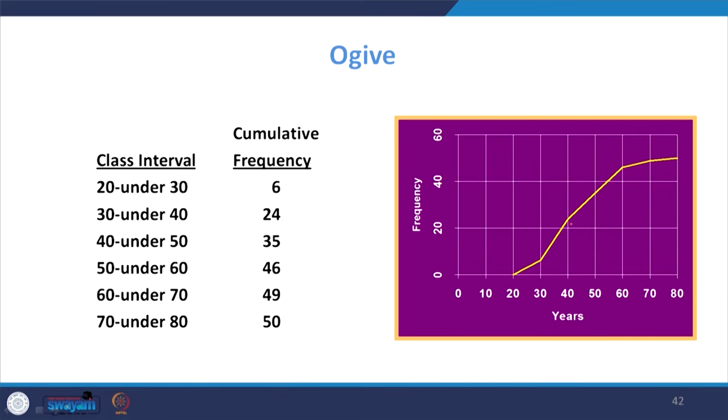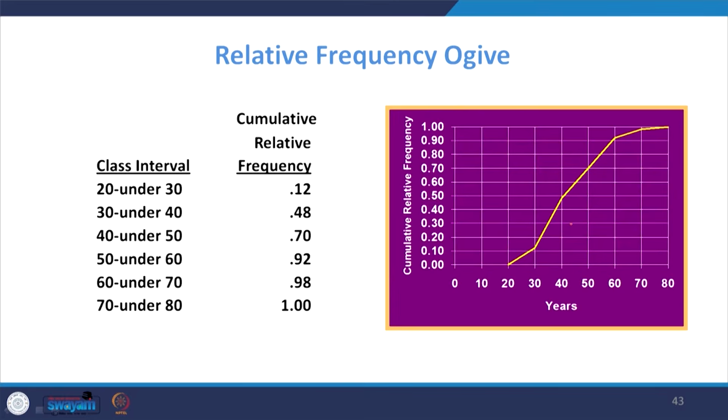The advantage of this Ogive curve is, suppose I want to know how many numbers are below 60, that can be read directly from the Ogive curve. That is the purpose of the Ogive curve. The next one is the relative frequency curve, exactly similar to that, but instead of the actual frequency the relative frequency is taken.